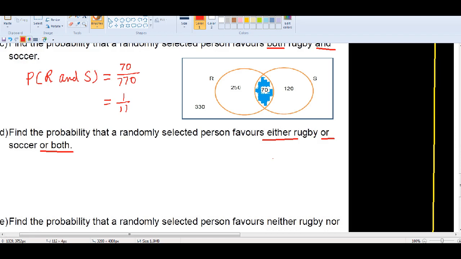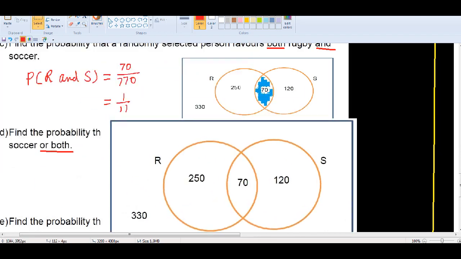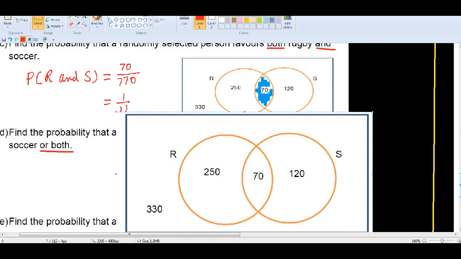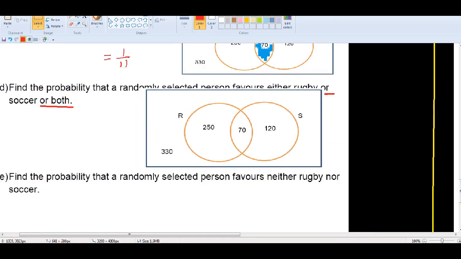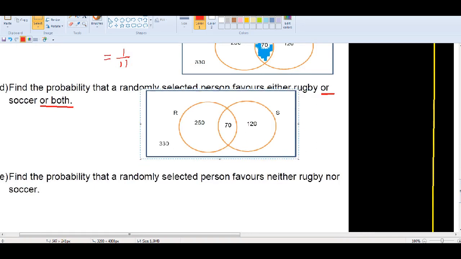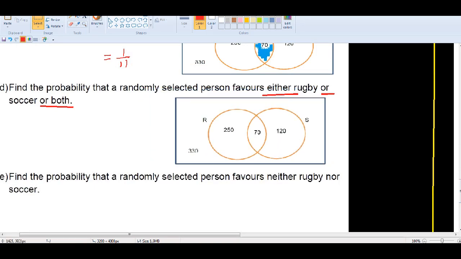How many of them, and which part of the Venn diagram are we going to consider this time? Apparently this time we need to include all numbers in the two circles.